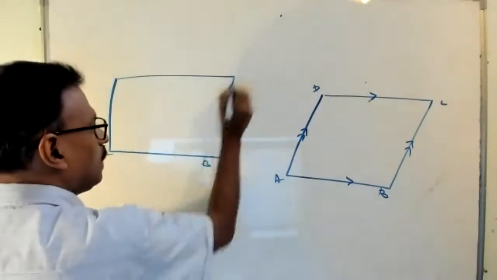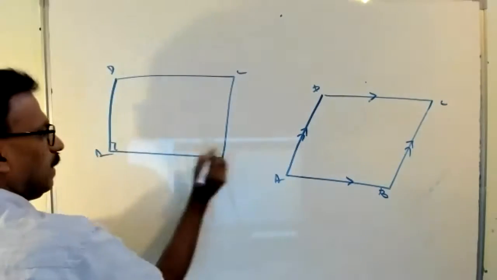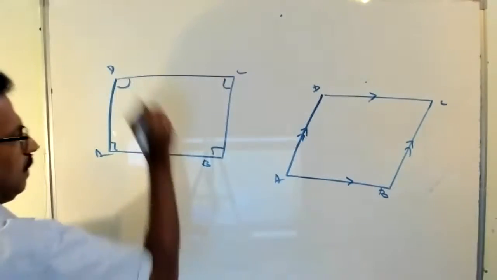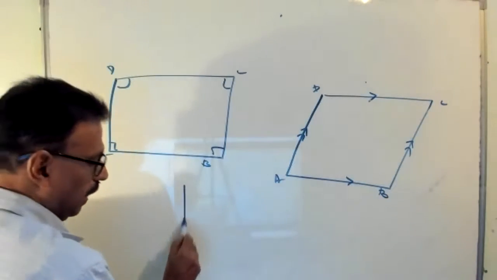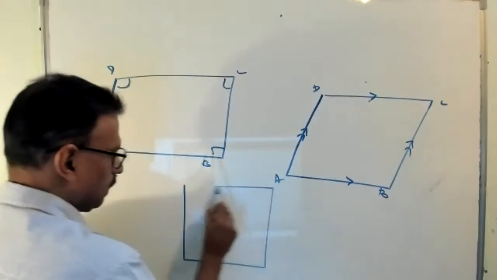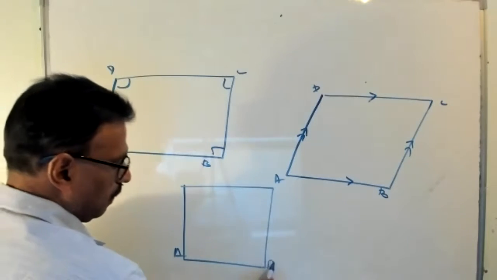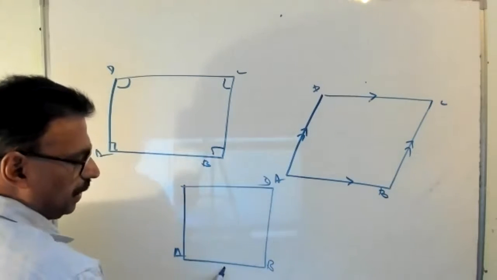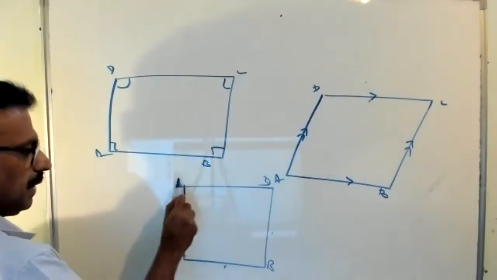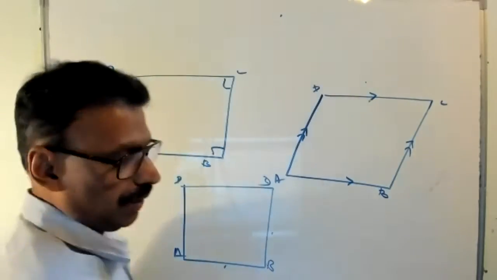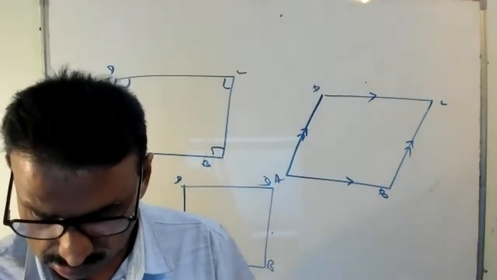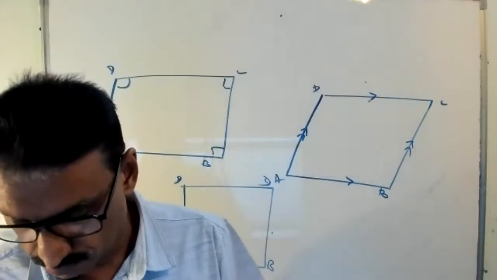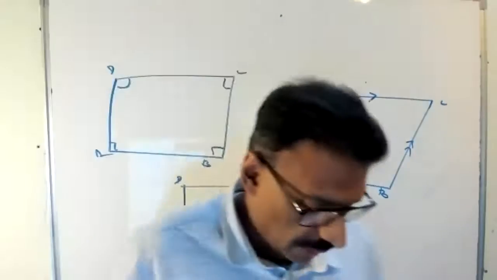A, B, C, D. This is 90, 90, 90, 90. In a rectangle, adjacent sides equal, like this. So that means AB equal to BC equal to CD equal to DA. That is called the square. Clear now? Yes, sir.